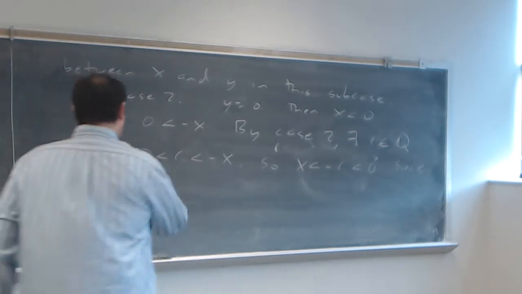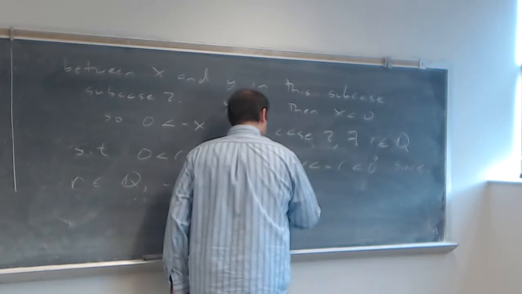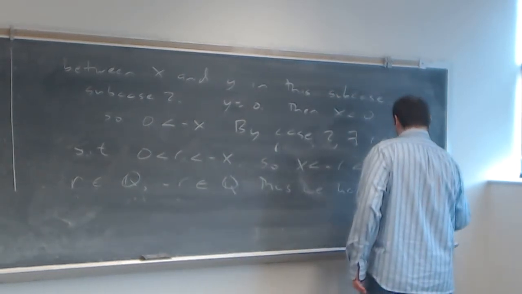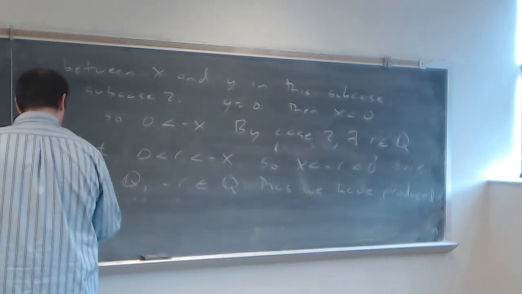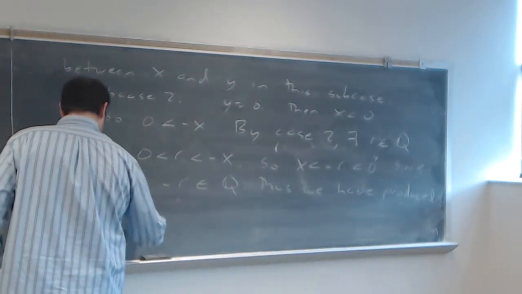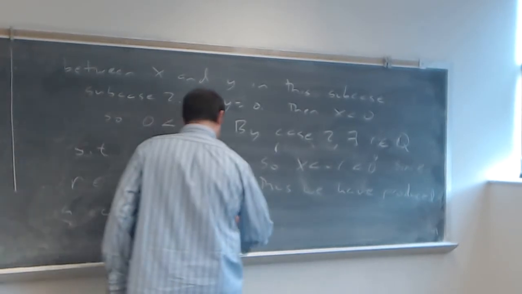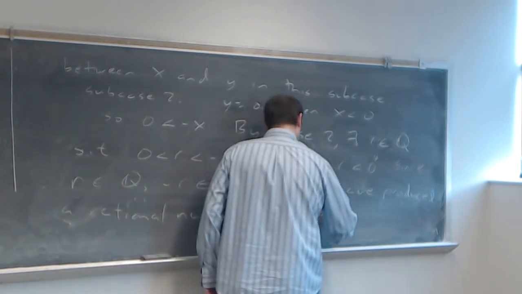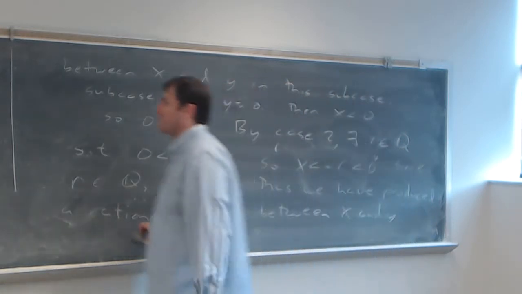So that says that minus r is an element of Q. Thus, we have produced a rational number. Here's minus r. Between x and y. We got one more subcase.